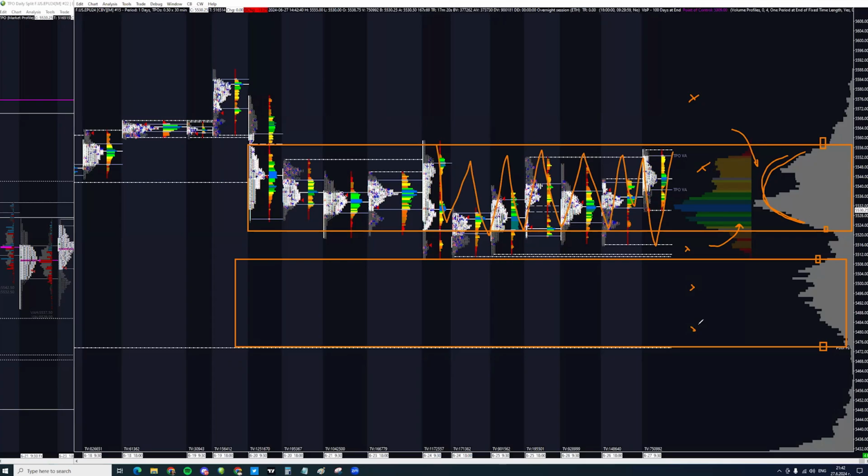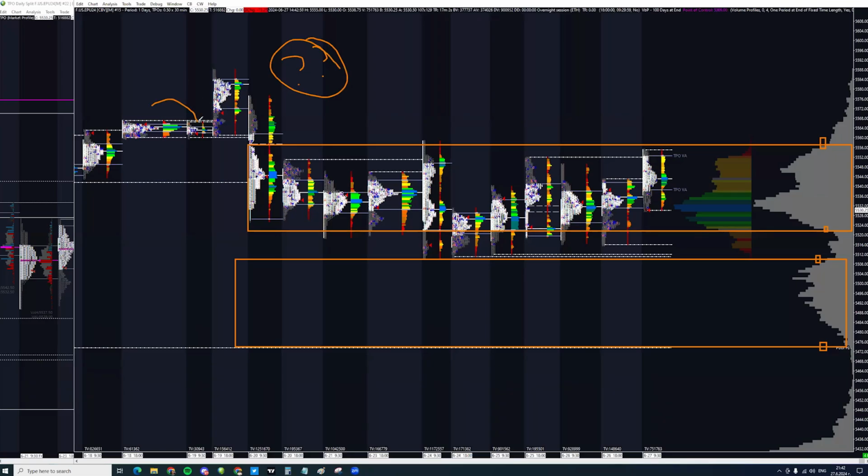So the first thing I'm going to do to create my trade plan is understand where these larger balances are, and with that, I can understand if price is inside or outside of the balance. If price is inside of the balance, I want to understand where price came from.